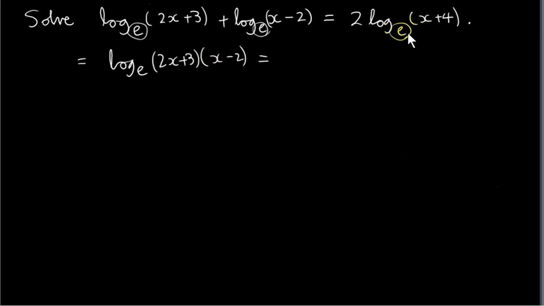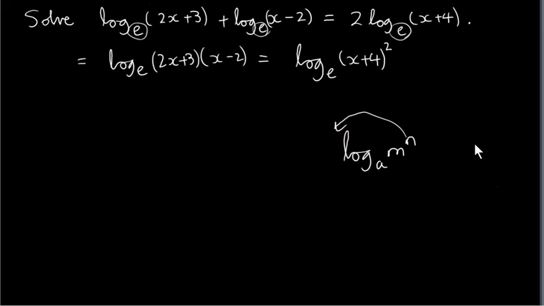Now we can apply another rule that you saw in the previous video, and if we want to get rid of this 2, then it's much easier to compare both sides if we can write the right hand side like this. So just to remind you, if we have log to the base a of m to the power of n, then we can multiply n in front.